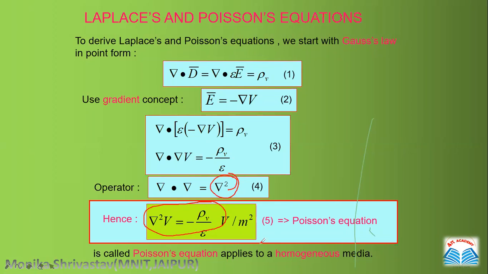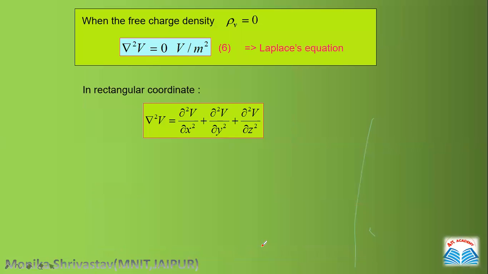Okay, it is called Poisson's equation, and Poisson's equation we always apply to a homogeneous medium. And what a homogeneous medium is, we will discuss in our next lecture. Okay, so if we have no charge, we will not get any charge density.